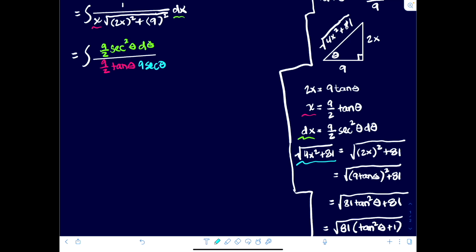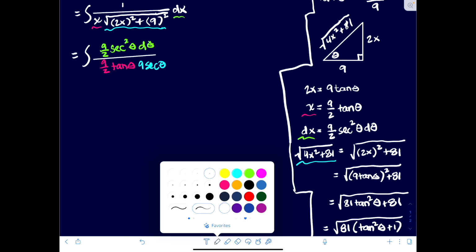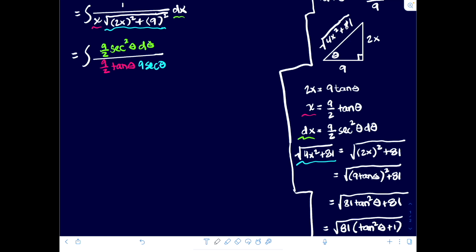Isn't that cool? So this whole thing here, including the radical, is just 9 secant theta. All right, so one of these secant thetas divides out, the 9/2 divide out, and let's see what happens.